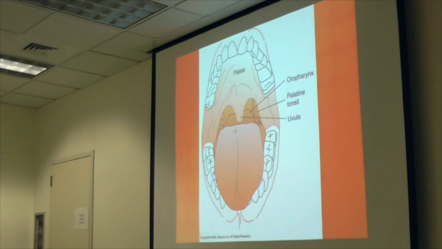On the sides of the oral cavity are the tonsils. This is part of the lymph system, so that's lymph tissue. Sometimes kids have chronic infections of their tonsils, and the tonsils will be removed.